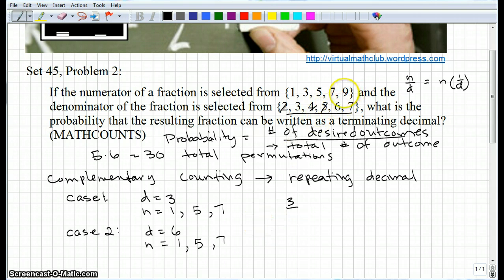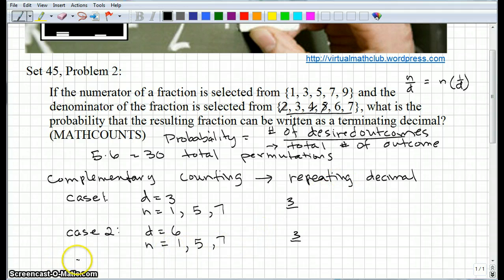And if we divide 9 by 6, the 3's cancel, so we end up with 3 halves, which is 1.5, and that's not repeating. So again we have 3 possible combinations that give us repeating decimals.